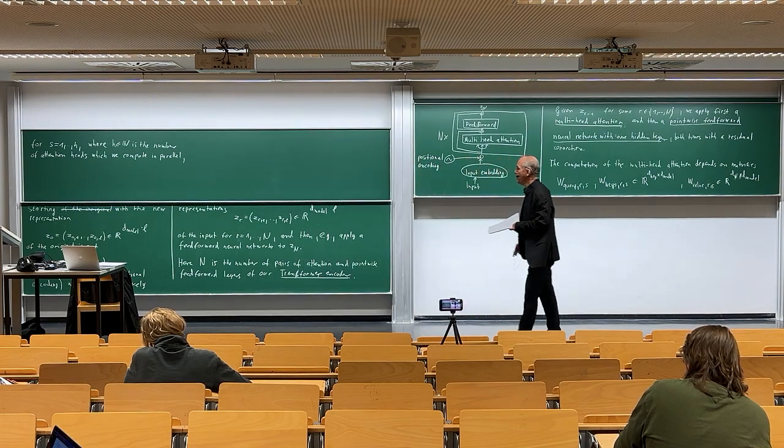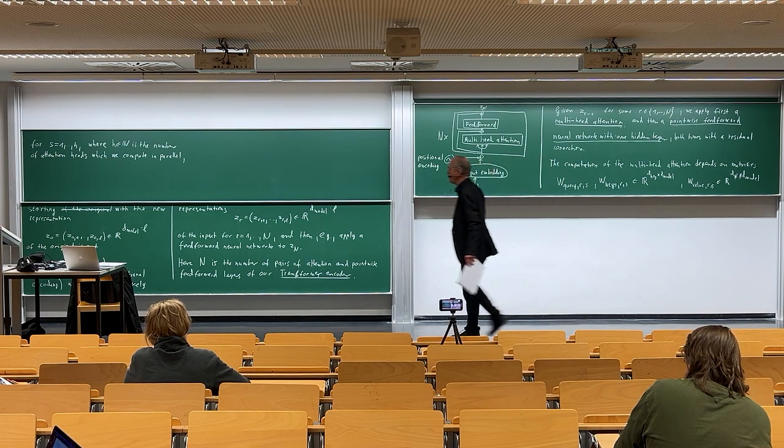Then d_k is just a natural number, a parameter.